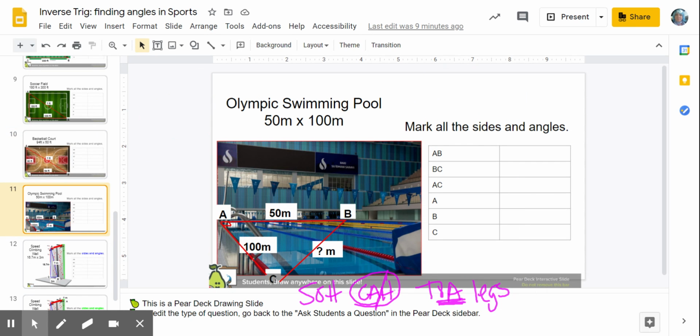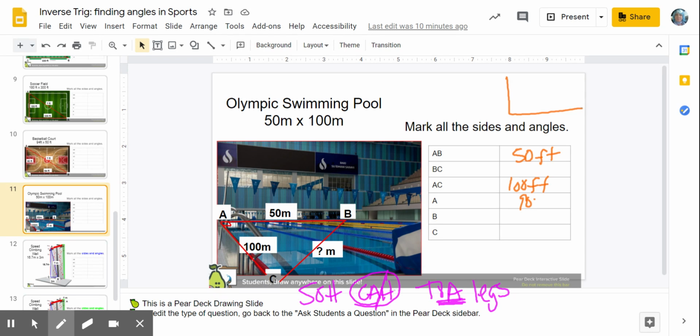Swimming pool? What do we know about the swimming pool? It's an isosceles triangle?